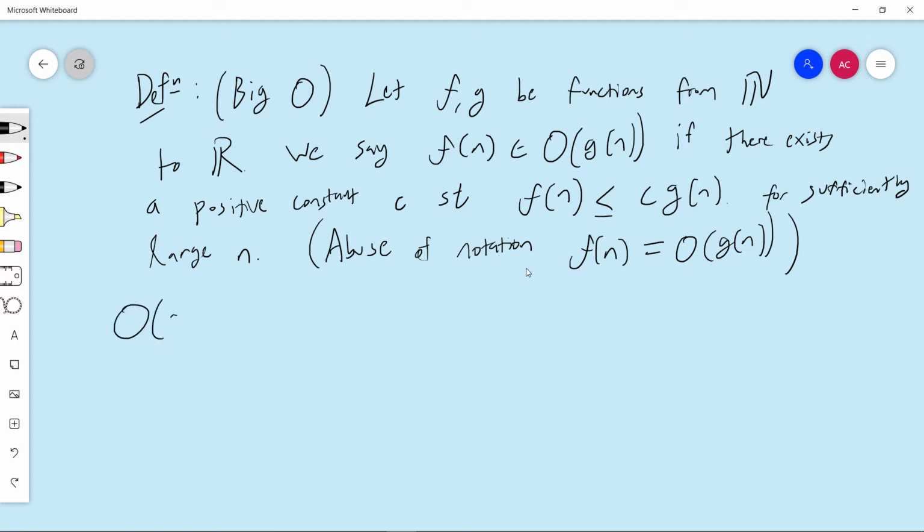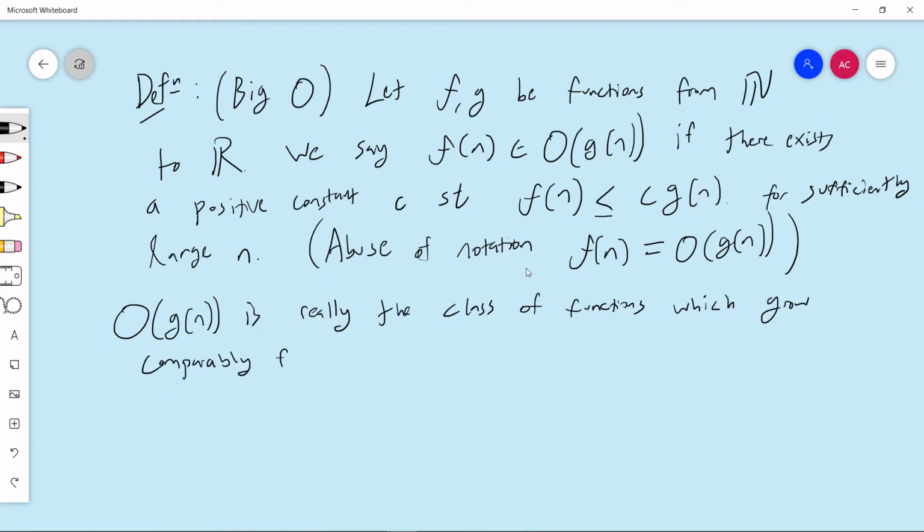What it really is is the class of functions which grow comparably fast or slower than g of n. When I say comparably fast, I mean kind of up to a linear constant kind of case, right?